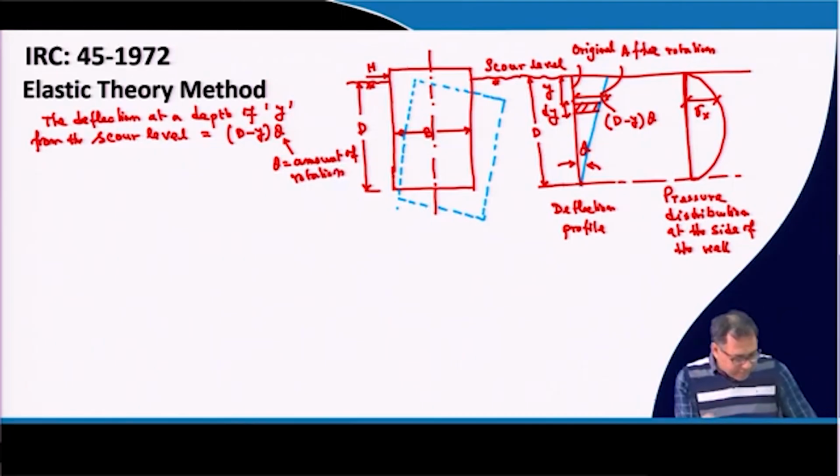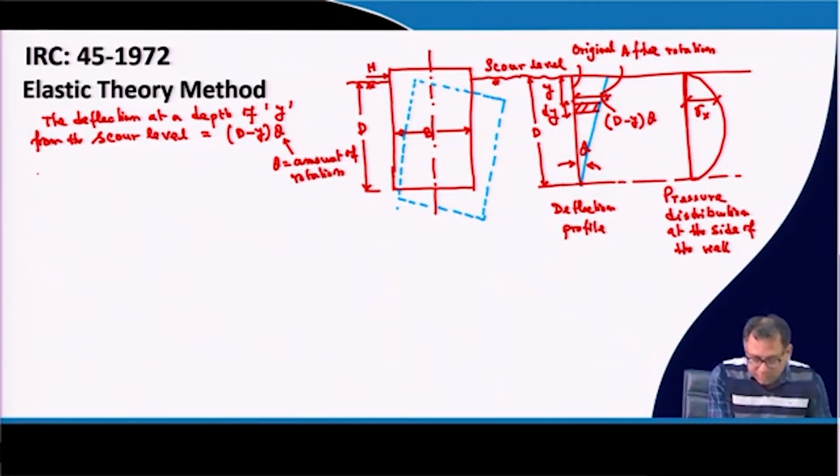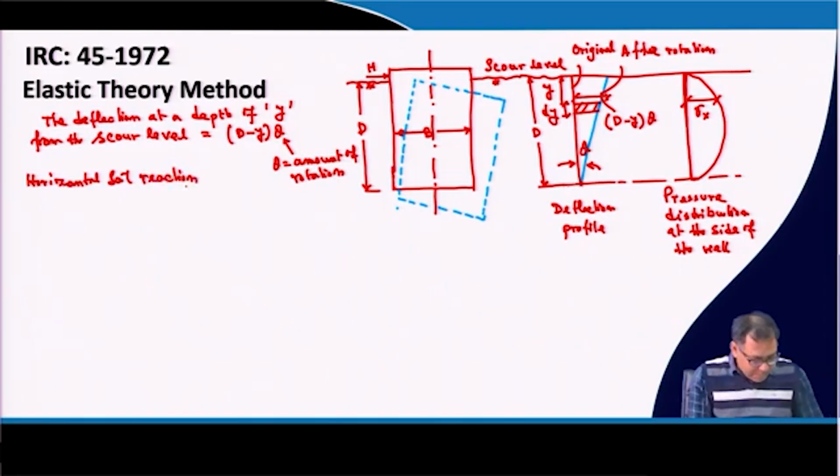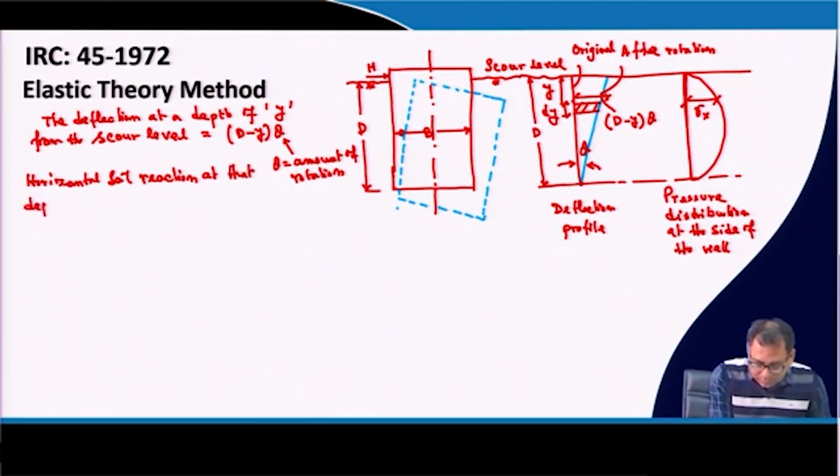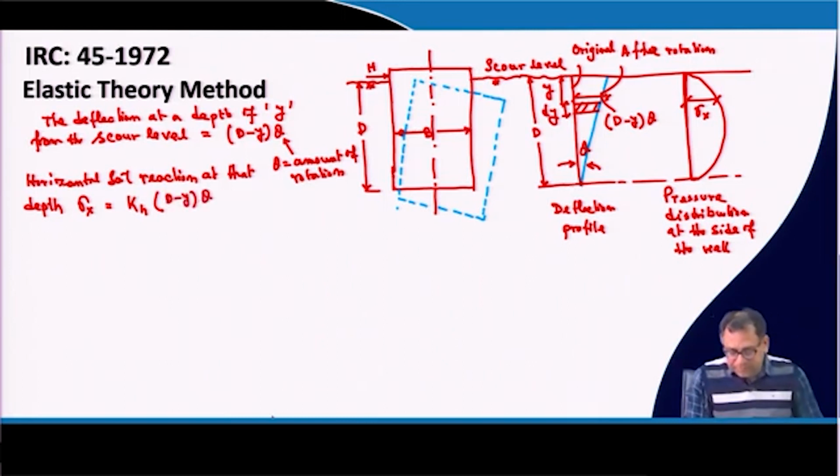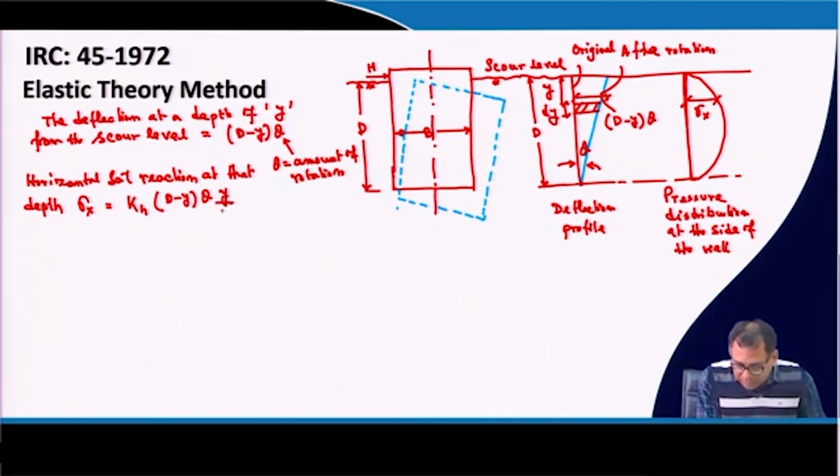Now, the horizontal soil reaction at that depth, that sigma x, will be equal to k h into (d minus y) theta into y by d.